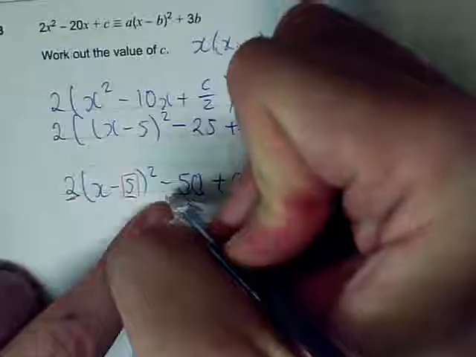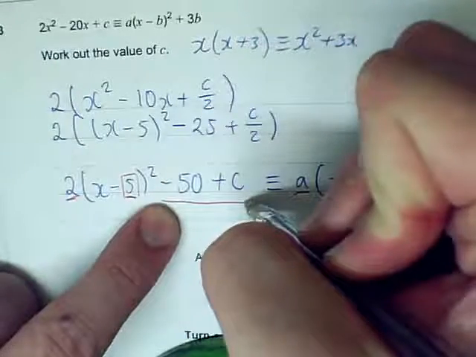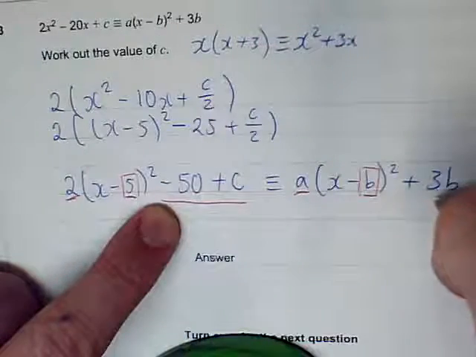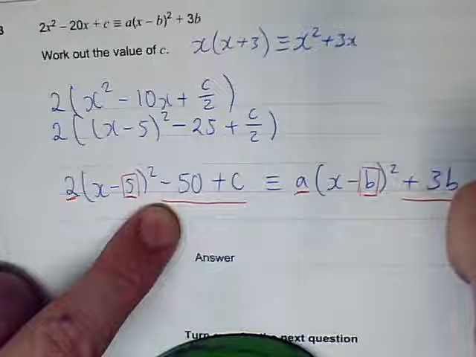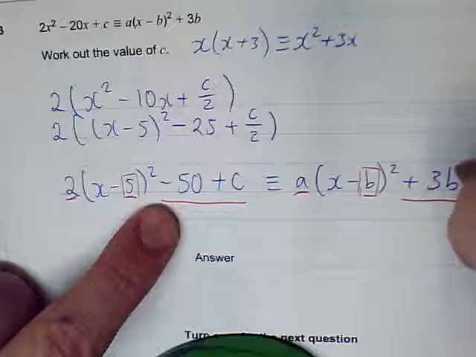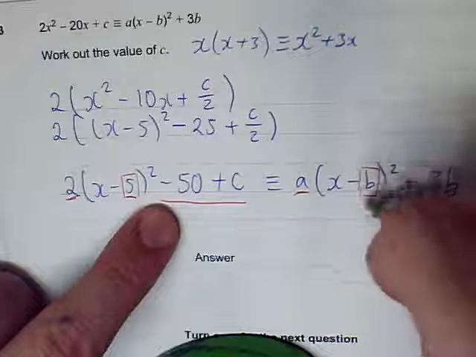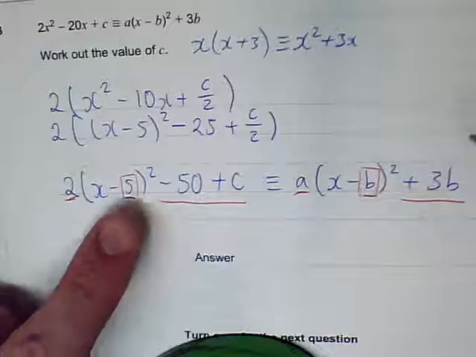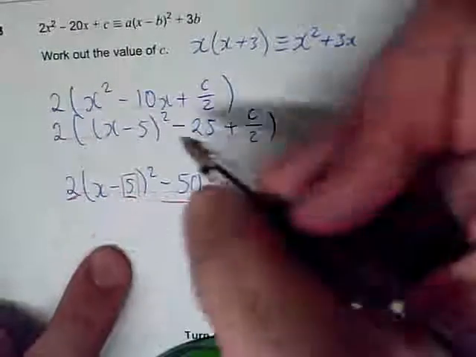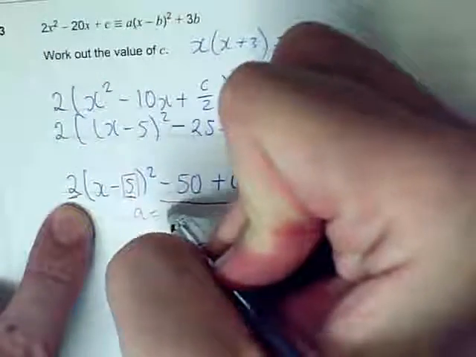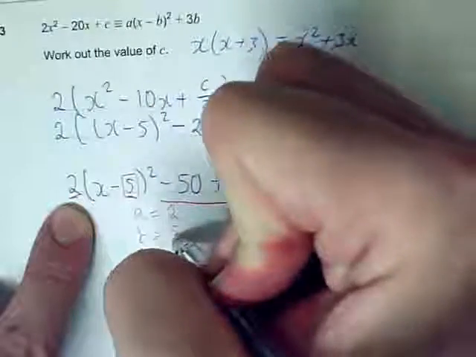And then we've got this situation where we've got minus 50, add a number, that makes plus 3b. So if we think about this, 3b is part of the value that we already have worked out. So let's list this out: a was 2, we know b was 5.